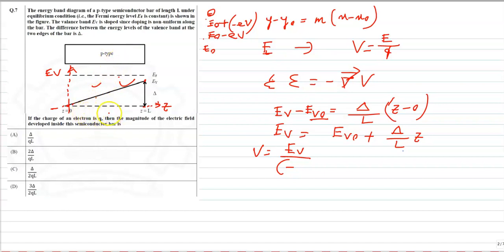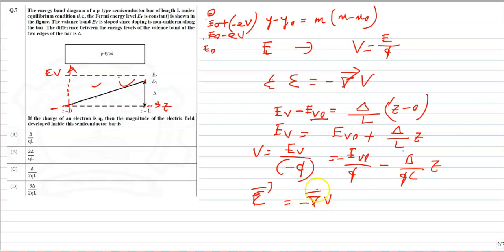They have not taken E but Q, so negative of Q. So you have minus EV naught upon Q minus del upon L Q and Z. And then the last action is to find the electric field E equal to minus del V, that is the gradient of V.